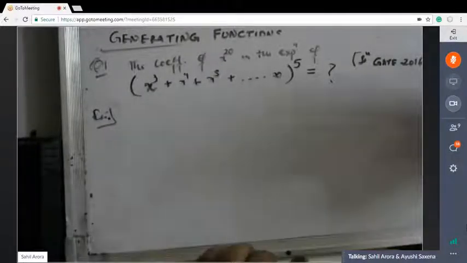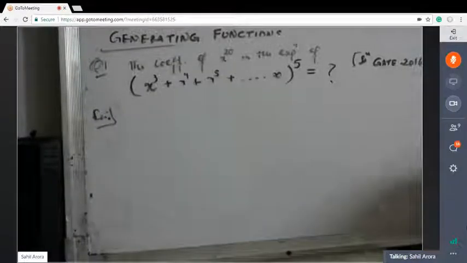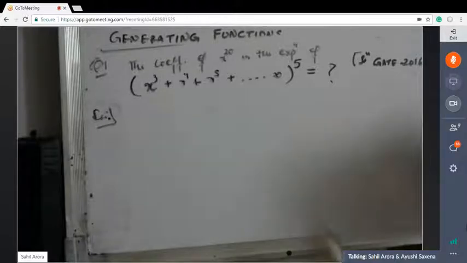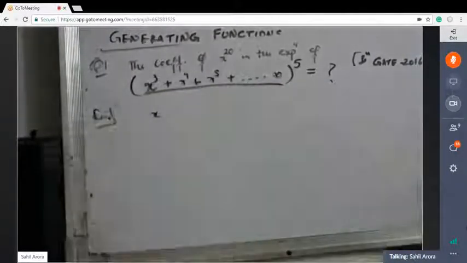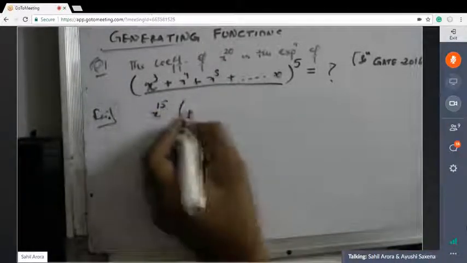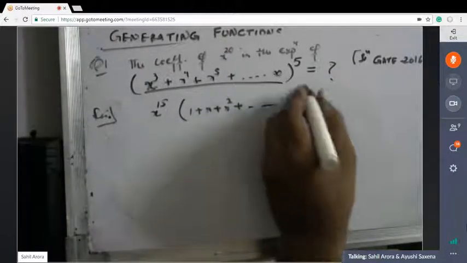I think I'm doing it on the fly, but that way is also right, and I will tell you the way of solving with the help of generating functions. So let's again take x to the power 3 as common. Then x to the power 15 will come out, and this would be (1 plus x plus x square, so on up to infinity) to the power 5.